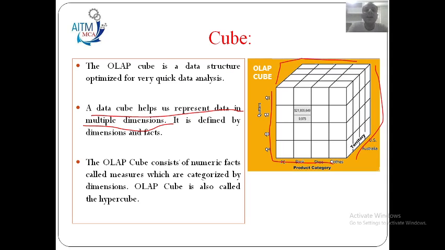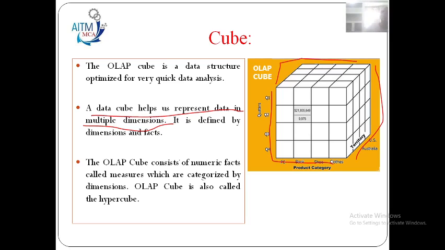Facts are always in the form of numbers, figures. Facts always give us numbers. So it is defined by dimensions and facts. Facts are nothing but figures. The OLAP cube consists of numeric facts. That's what I had told.